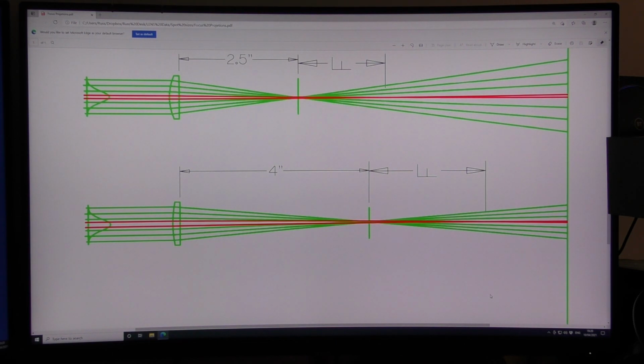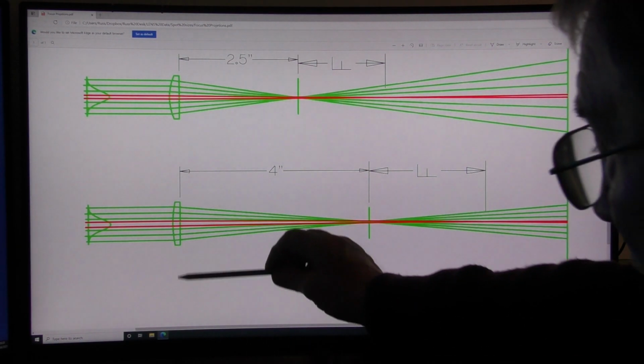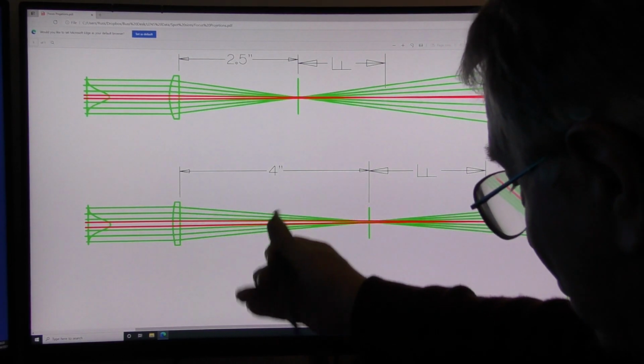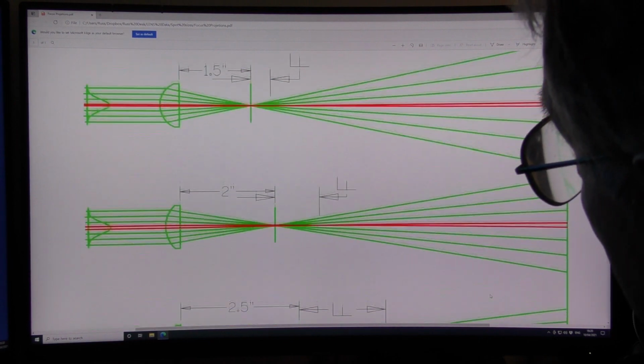In fact, there are special lenses around which we cannot get hold of for our machines because they're just stupidly expensive if you were to order them specially, and they're certainly not commercially available, and they're called aspheric lenses. They're like a mixture of a 4-inch lens and a 1.5-inch lens.